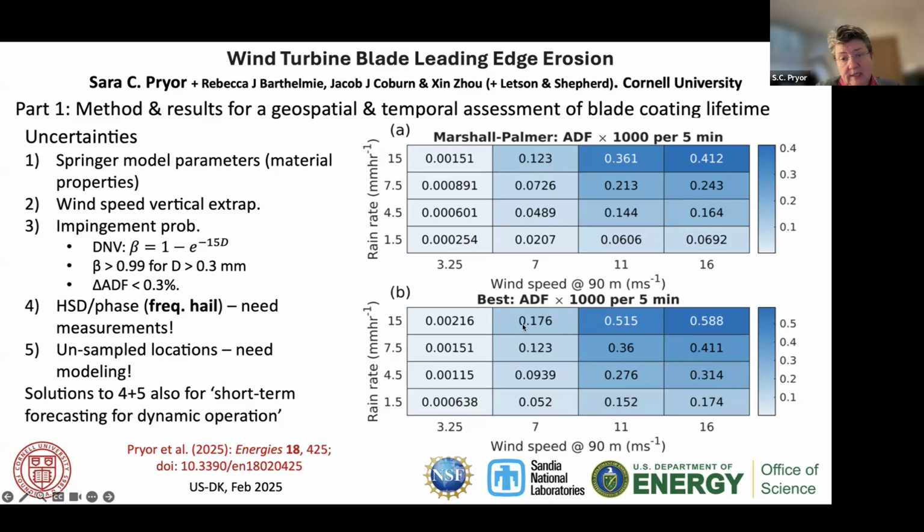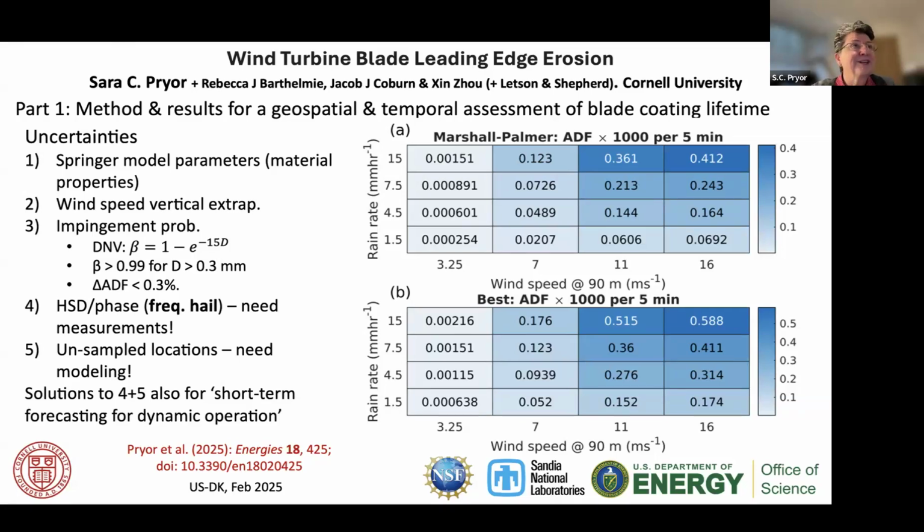If we use the best size distribution, that would be higher by about 50%. So, of course, our accumulated distance to failure estimates are a function of the hydrometeor size distribution. So we need better measurements. We need not to be applying empirical size distributions. Also, we've neglected hail. So again, we need better measurements, and we'll talk about that in just a second.